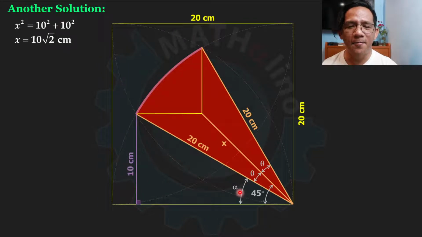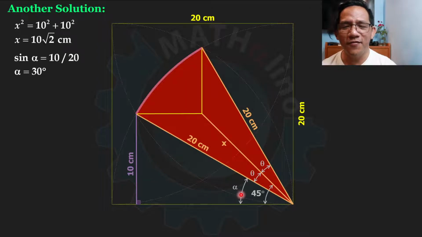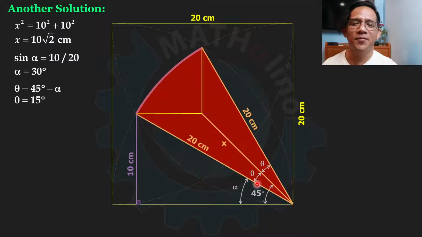Sine of alpha is 10 over 20. Arc sine of 10 over 20, that is alpha, is 30 degrees. We already have the value of alpha. Therefore, theta is 15 degrees. So the 2 theta here is actually 30.